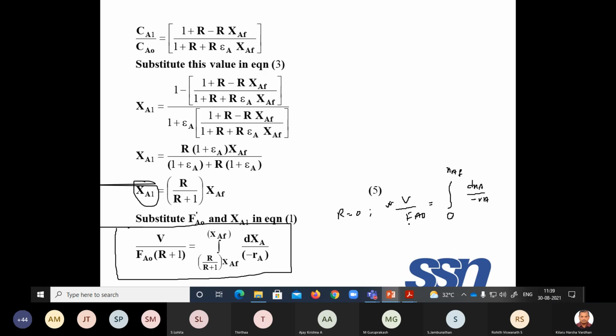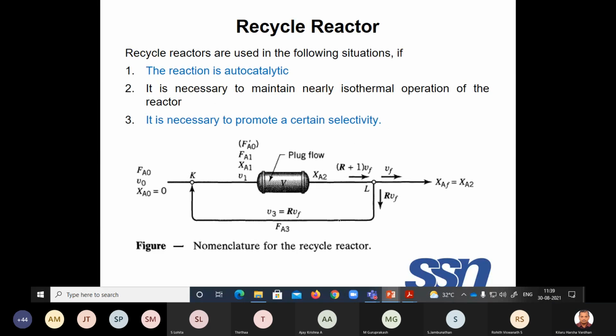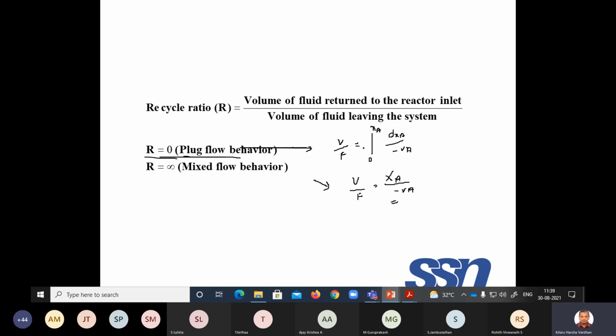Correct? That means when there is no recycle, your FA naught becomes your FA1, because there is no recycle stream. XA naught also will not come, because it is 0 to XA2 you are putting. Absolutely correct.